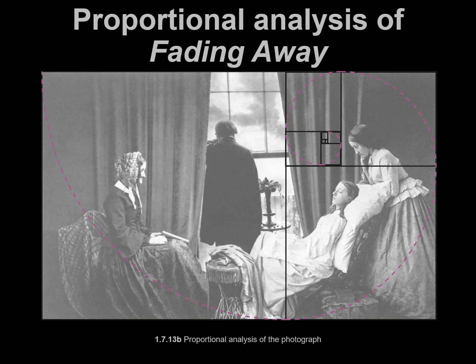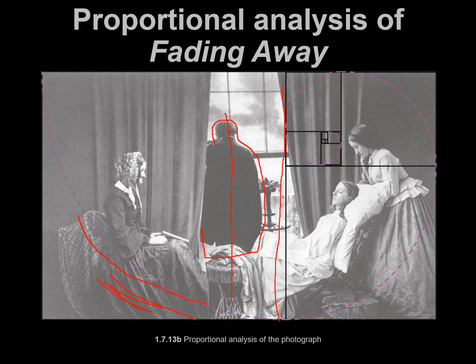And the artist even goes so far as to repeat certain aspects. That arch that we see here is repeated in the art, a little bit in the fabric. The placement of the figures falls within these ratio boxes. And notice how straight this figure is, the way he is standing as he looks out the window.